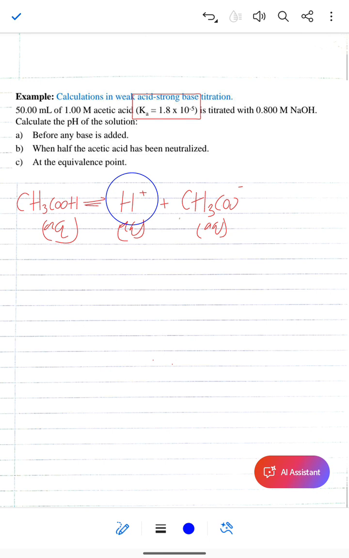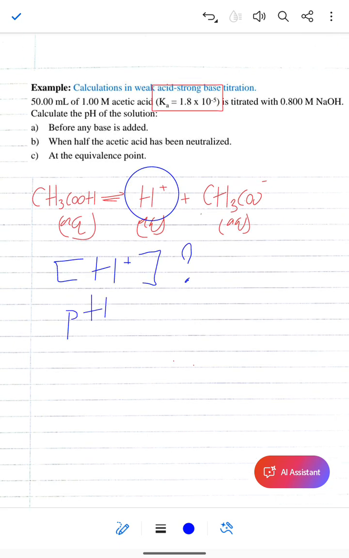What I need right now is the concentration of this hydrogen ion so that I can use it in my formula, because I know that pH is simply negative log of the concentration of H plus.